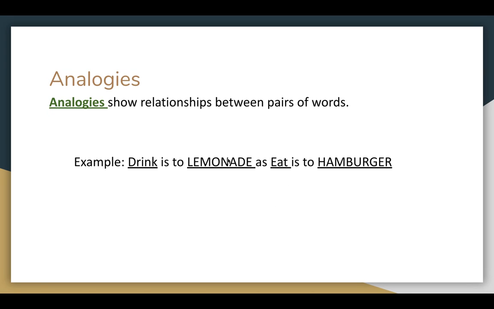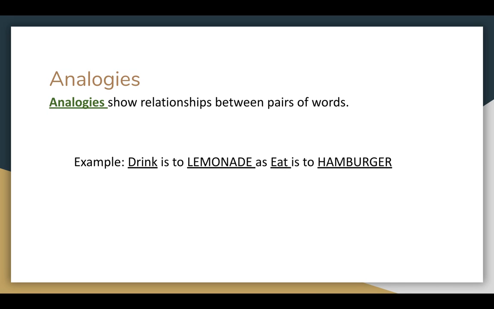Lemonade could be an answer, pop can be an answer, water can be an answer. It's not a one size fits all, it's just showing the relationship between the words. You don't drink a hamburger. You don't eat lemonade. So you have to figure out what the relationship is.